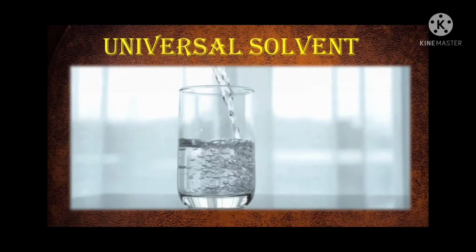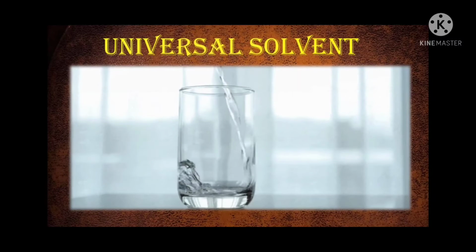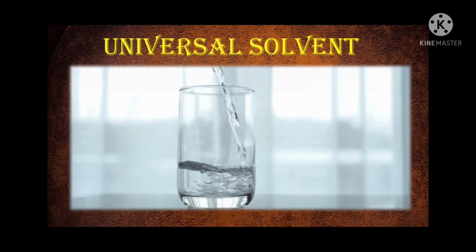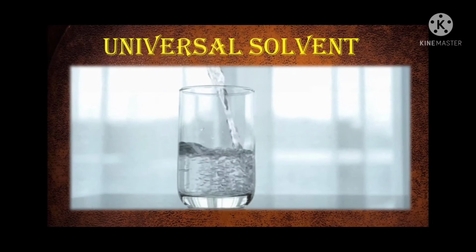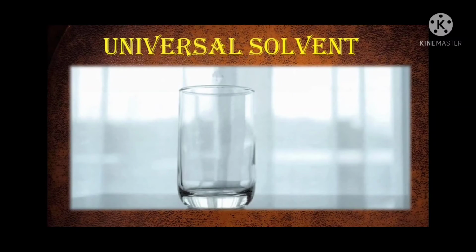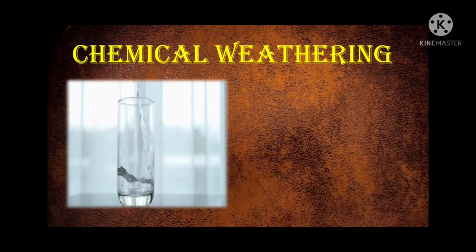Almost many things get easily dissolved in water. Let us see some more examples of chemical weathering. In the previous slide, we saw that water is a universal solvent. Anything gets dissolved in water. So we can say, children, that water plays a very important role in chemical weathering.